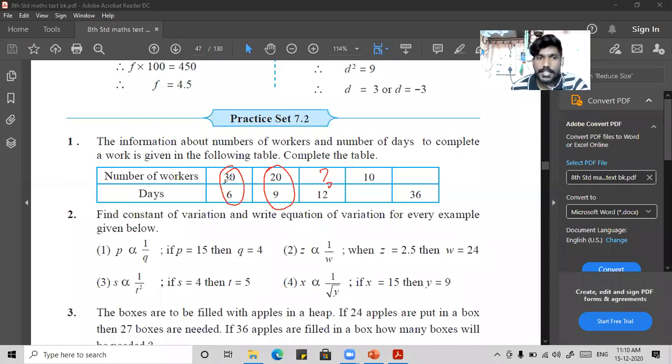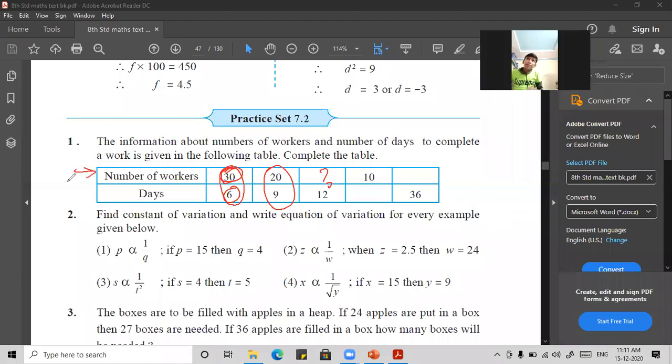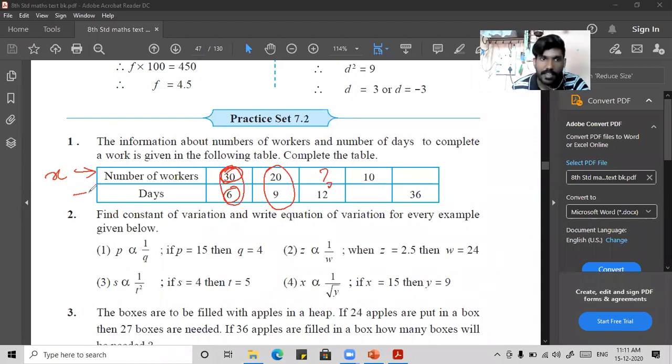Now, if you note one thing, that if one variable is increasing, the next variable is decreasing. In the first case, if we call this variable number of workers, I'll call it variable X, and days, I'll call it variable Y. So if you note one thing, in the first case, variable X is increasing, so variable Y is decreasing.